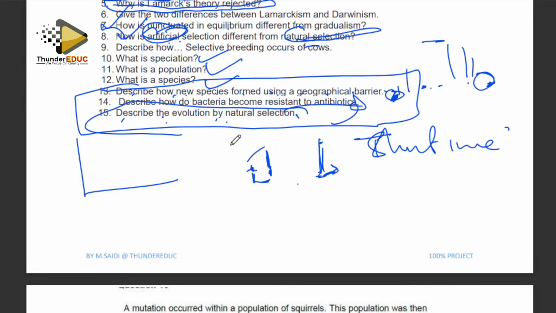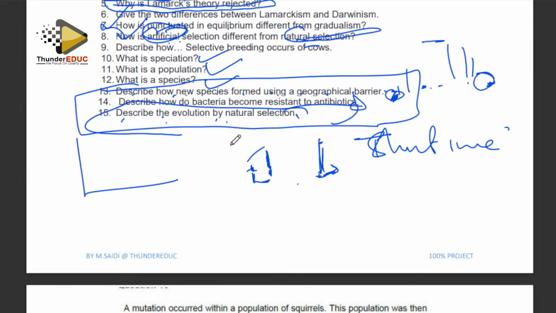Those tigers which have the favorable characteristic of stripes survive, reproduce in large numbers, and pass their favorable characteristic to the next generation. While those which have no stripes were being seen by the prey and then it ran away, so they died of hunger. After many generations, the generation had a greater proportion of tigers with stripes.